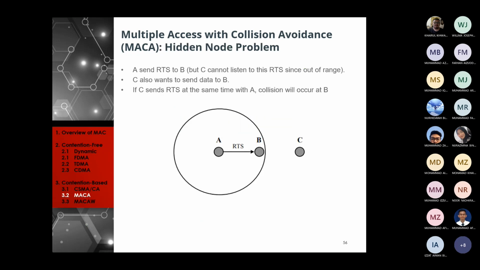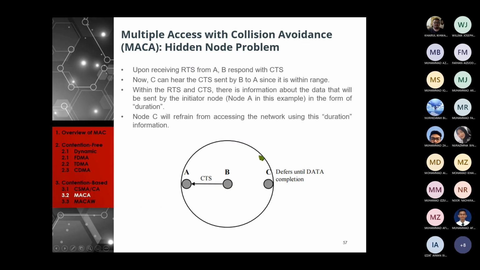So hidden node problem. A sends RTS to B. C cannot listen to the RTS since it is out of range. Tak boleh terima. C also wants to send data to B. If C sends RTS at the same time as A, collision will occur at B. So upon receiving RTS from A, B responds with CTS.